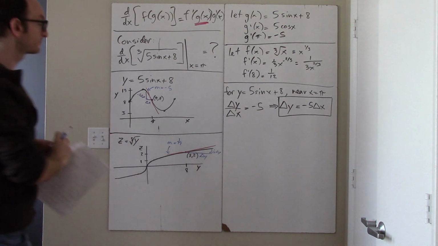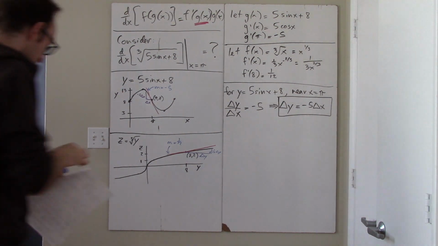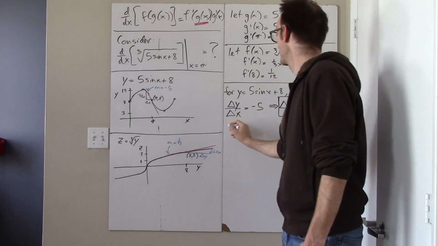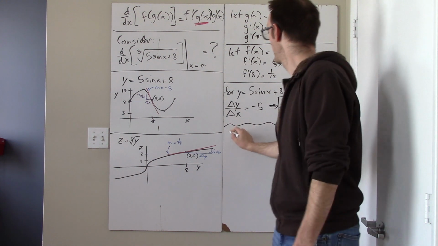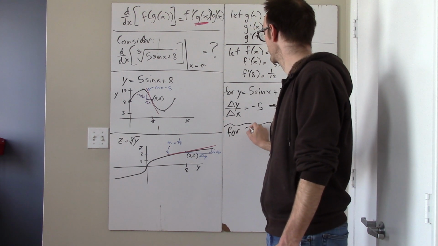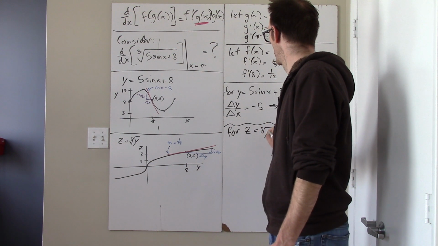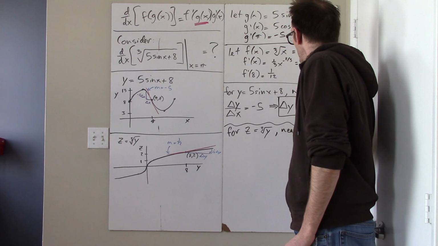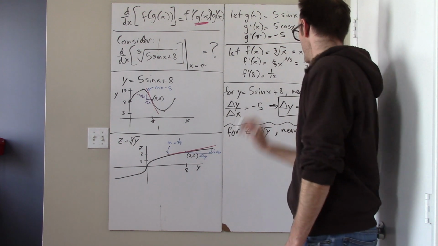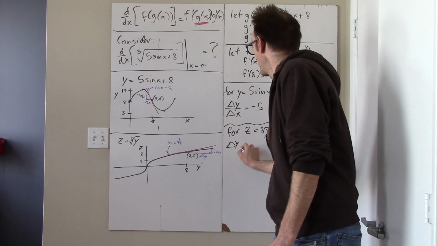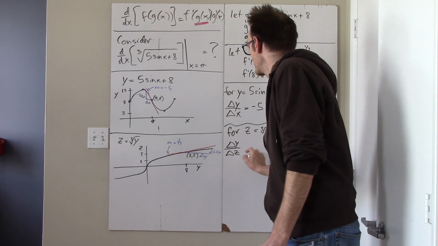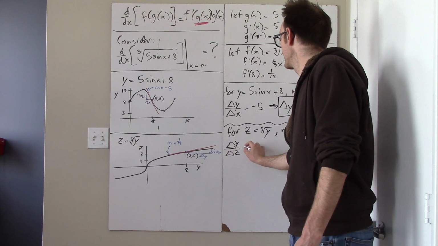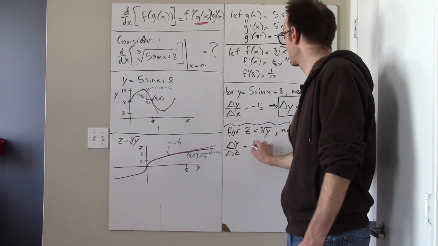Hopefully that's clear. This picture explains what's going on, but let's summarize it in our language over here. What we have just found is that for the curve z equals cube root y, near y equals 8, the change in z over the change in y, which is just another way of saying the slope of the tangent line, is 1/12.